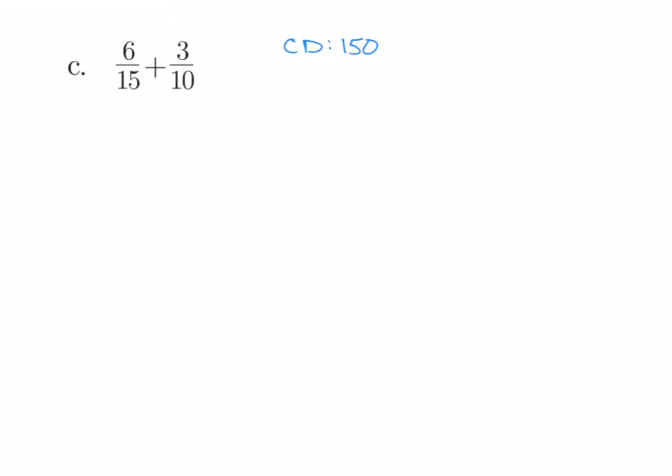And so now how do we go ahead and get from 15 to 150? We want to multiply by 10. We get 60 over 150. How do we get from 10 to 150? We multiply by 15.